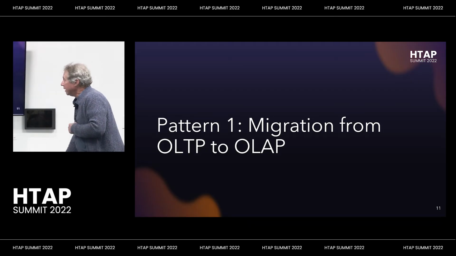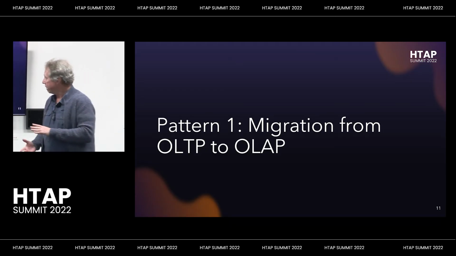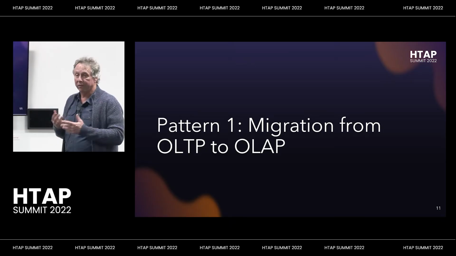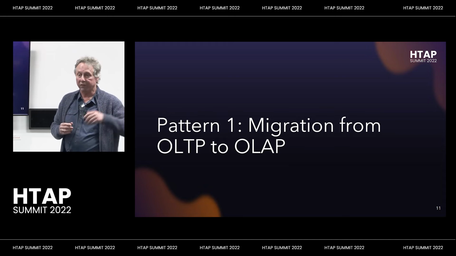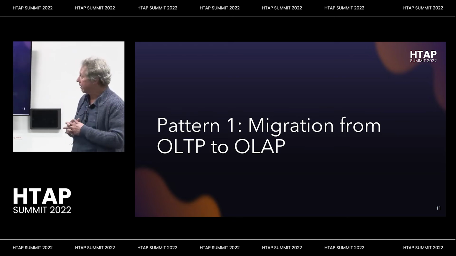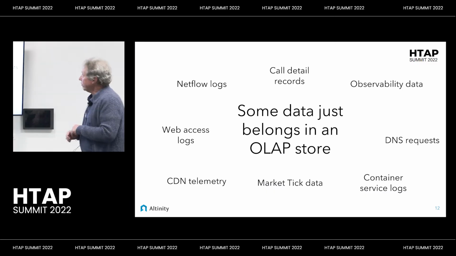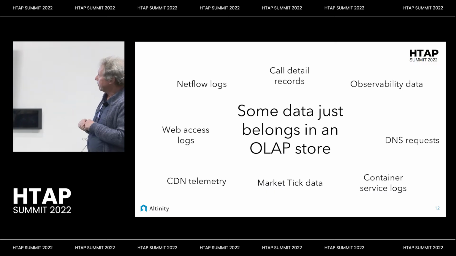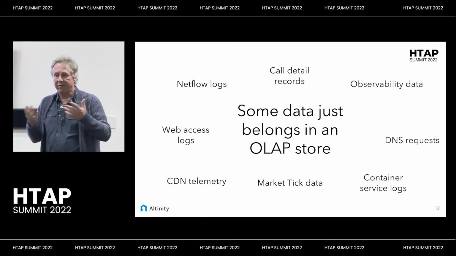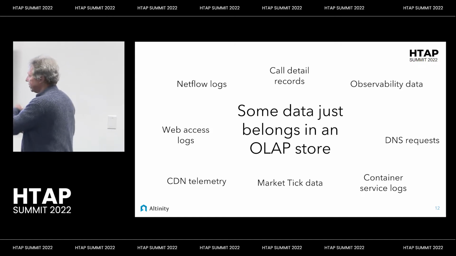So there's a couple of solutions. One is just to migrate some of the data out of MySQL or Postgres and stick it in an OLAP database. Let's look at that. I'm going to use MySQL as the example here, but the same thing applies to any other transactional database. The point is that, as I said before, some data just belongs in an OLAP store, like web access logs.